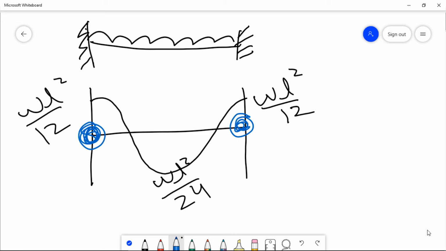So yielding will occur at this point and this point.